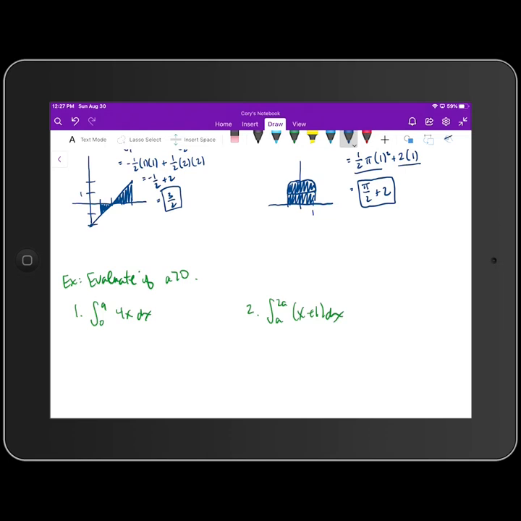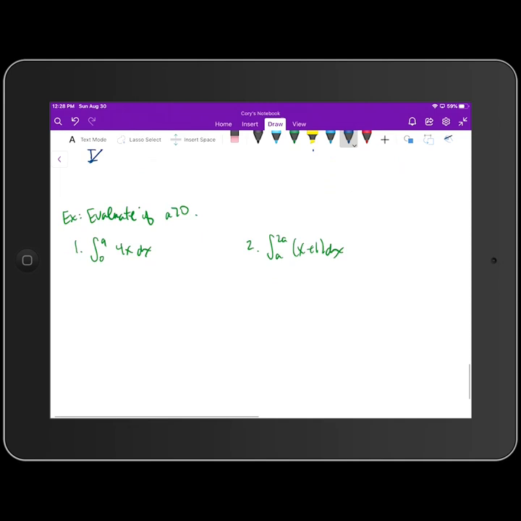Last two examples. So directions here say to evaluate if a is greater than 0. For number 1, we have the integral from 0 to a of 4x, which we're integrating with respect to x. Okay, so again, here we can draw ourselves a picture once again. So we're going from the x values of 0 to the x value of a.